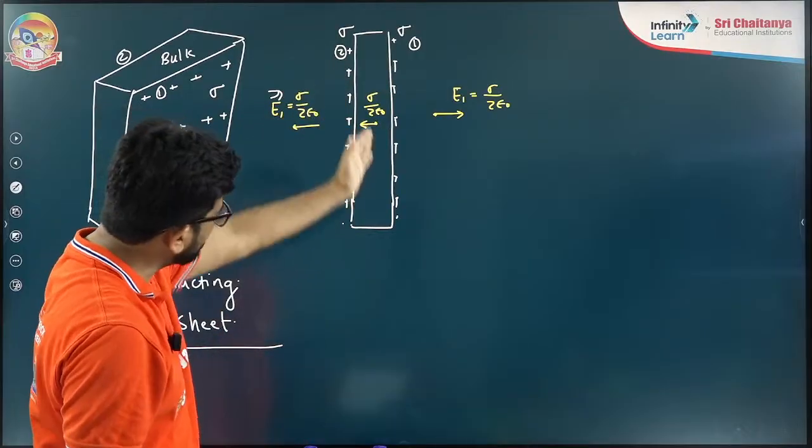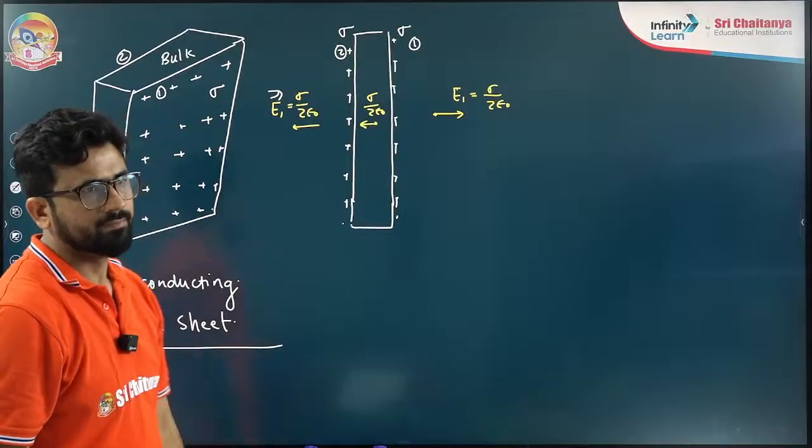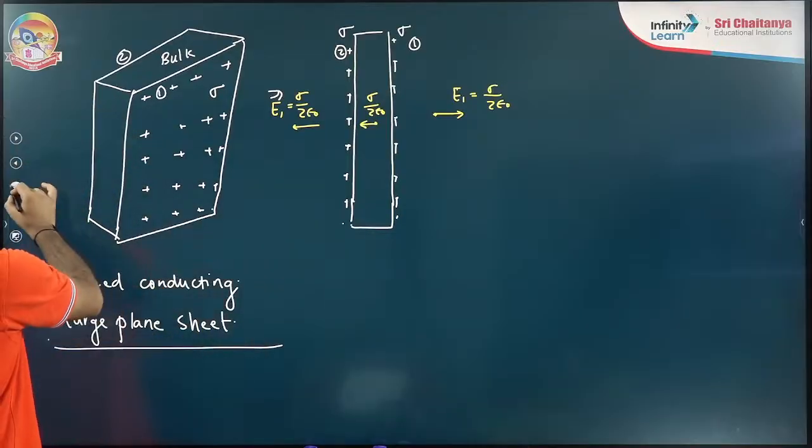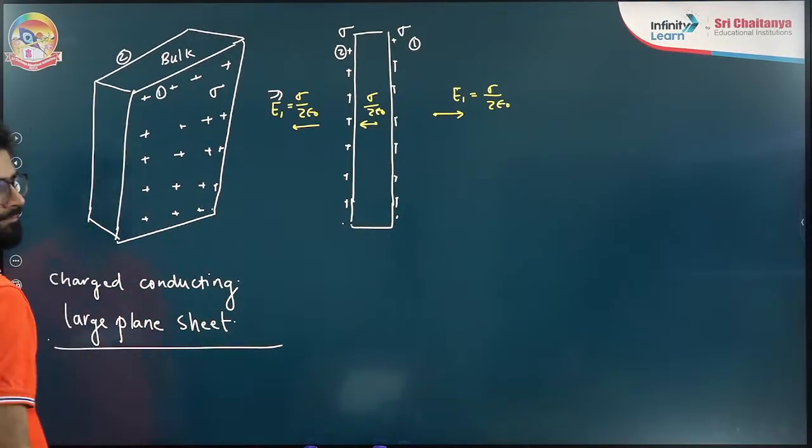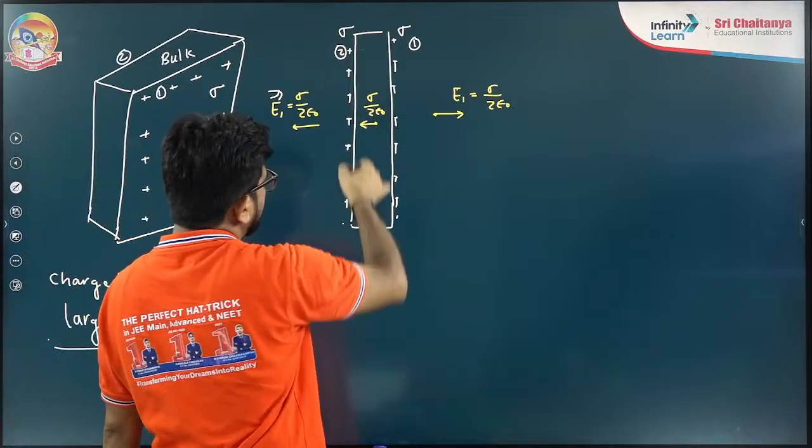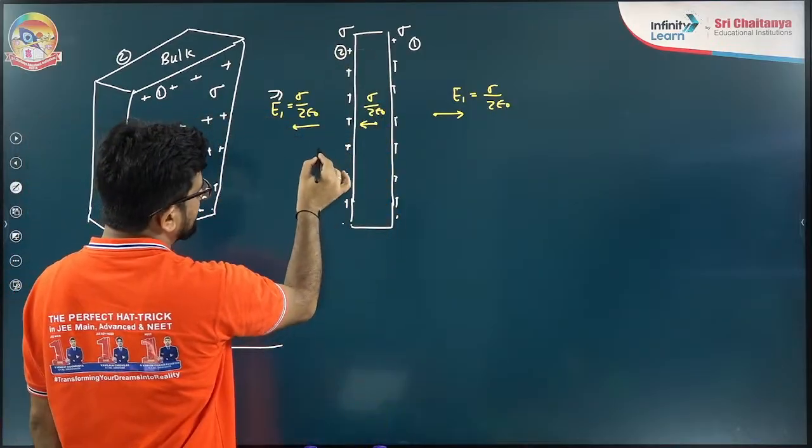That is the field due to sheet 1. Similarly, due to sheet 2 there is also a field. Sheet 2 is positive, so the field is radially outward.